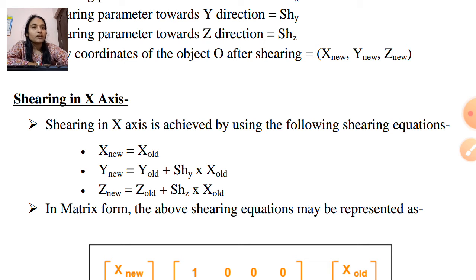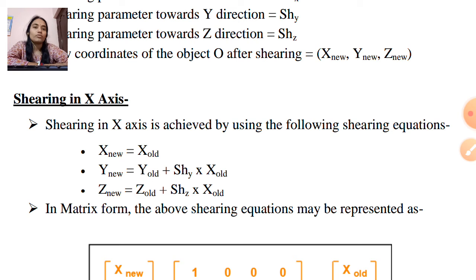The direction in which we shear stays constant. Here we shear the object in x-axis, so the x value is constant. That's why we write x new equals x old, and the y and z values can be changed.